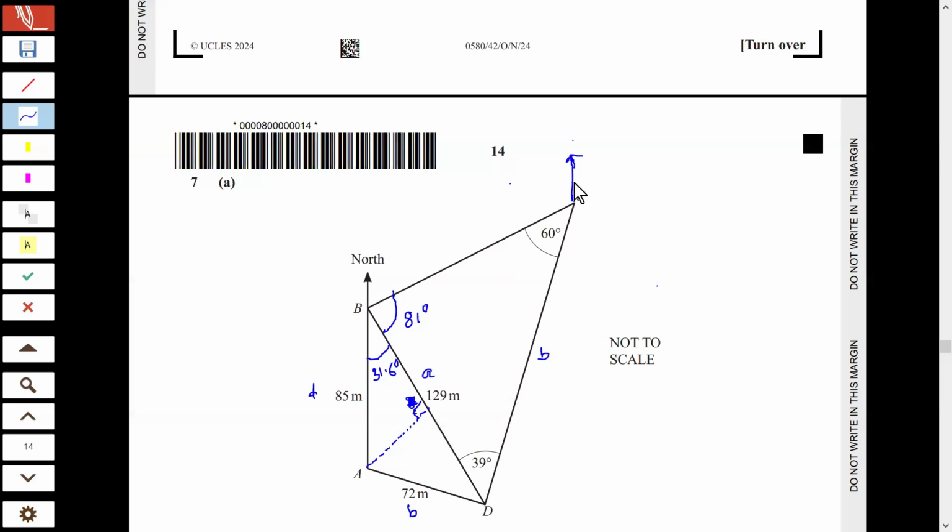So this is what they're asking for, the bearing of B from C. If we're able to get this value, then corresponding values will be equal.